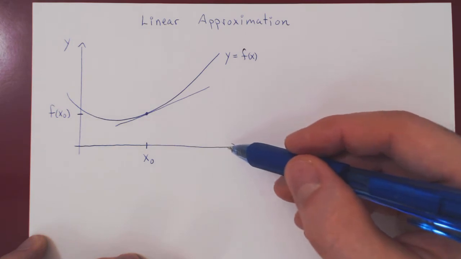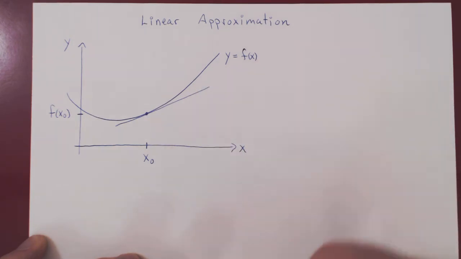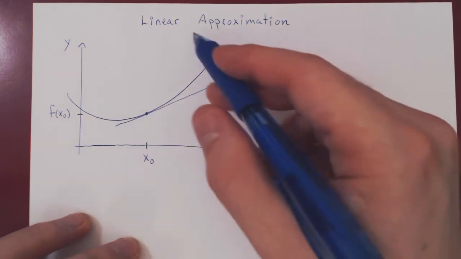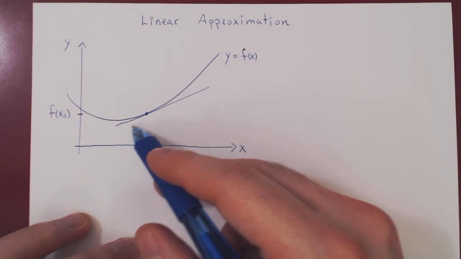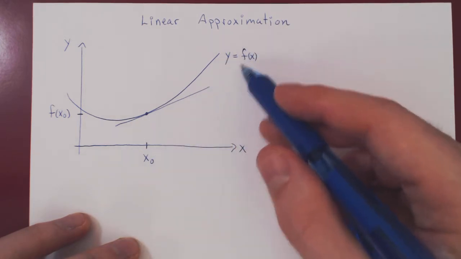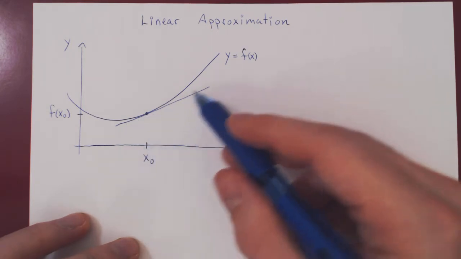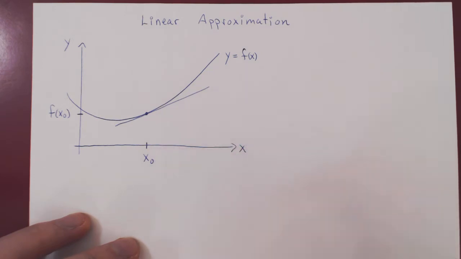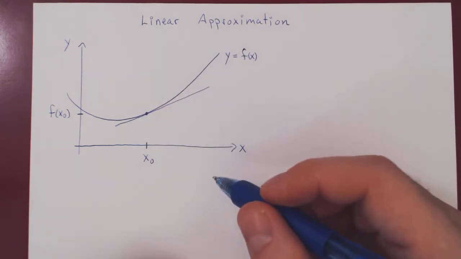As you move further from x0, the approximation becomes weaker, and so it's not very useful. Since in any problem that will use linear approximation, we'll need to find the equation of the tangent line to the function at the given point of interest, we'll find a formula for the tangent line to any function around any point, and this will save us a lot of time when we consider examples of linear approximation.